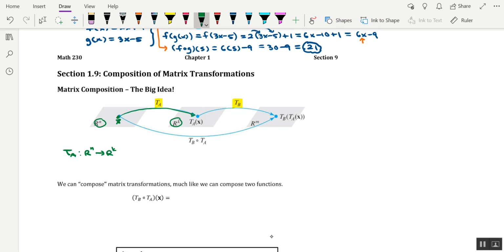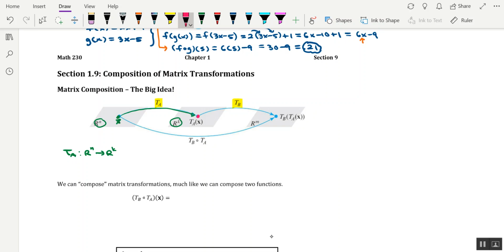T sub A of x is going to be a vector as well, so we could go further and transform that result by applying T sub B to our initially transformed vector x, which is now T sub A of x.